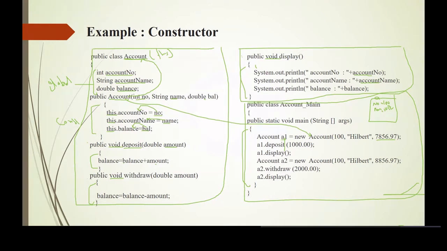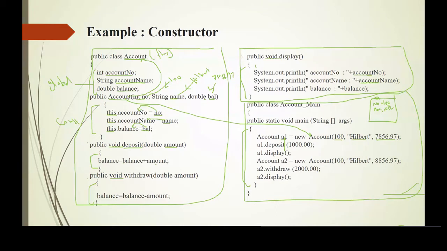Here, the number will receive the value 100, the name will receive the value Hilbert, and the balance will receive the value 7856.97.